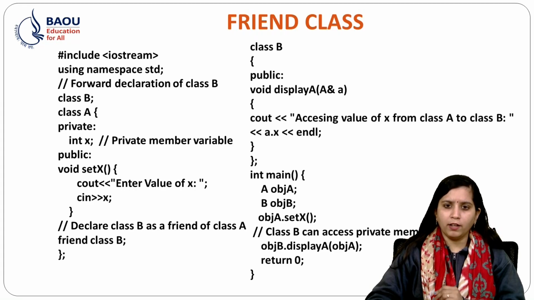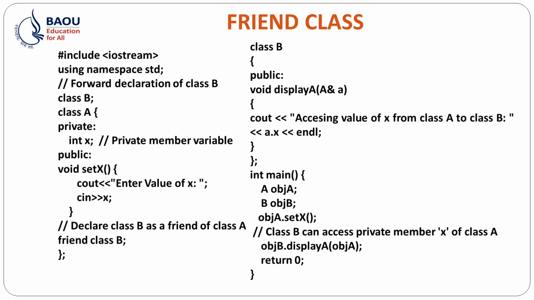Now what I have done is I have declared class B, in which there is void display A. In that I have passed my class A's object over here and am accessing the value of x from class A in class B, a dot x. So I'm accessing the values of class A over here.